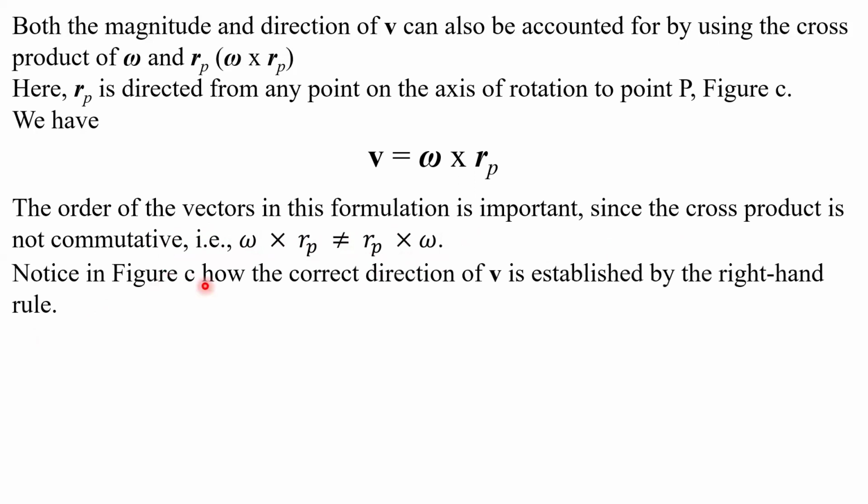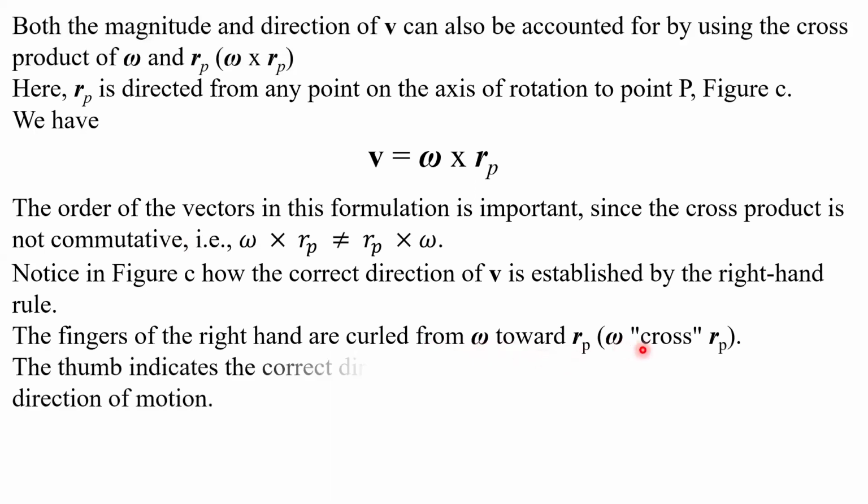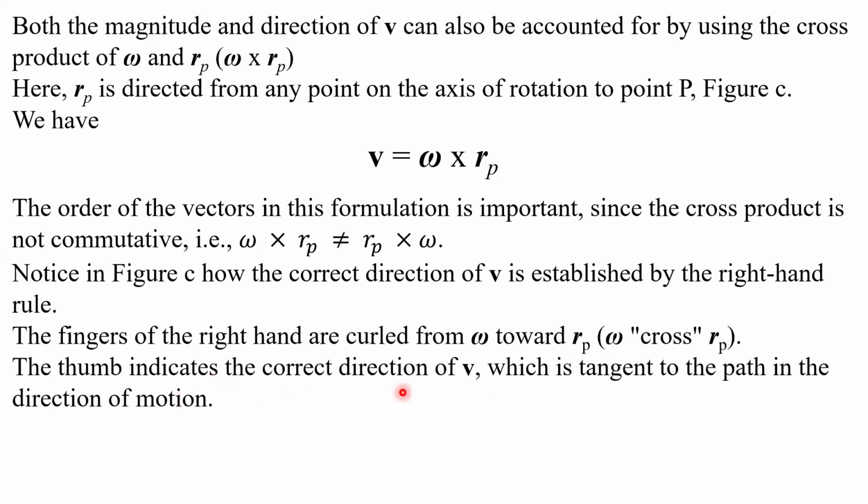Notice in figure C how the correct direction of V is established by the right-hand rule. It is omega that crosses Rp. The fingers of the right hand are curled from omega towards Rp, that is omega cross Rp. The thumb indicates the correct direction of V, which is tangent to the path in the direction of motion.